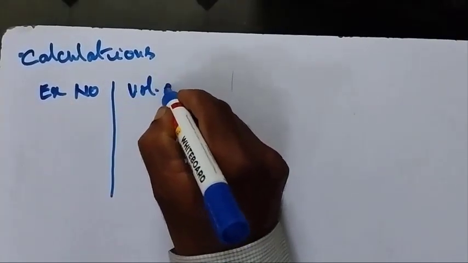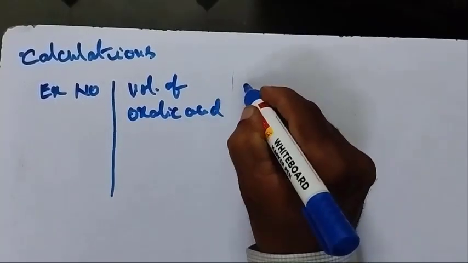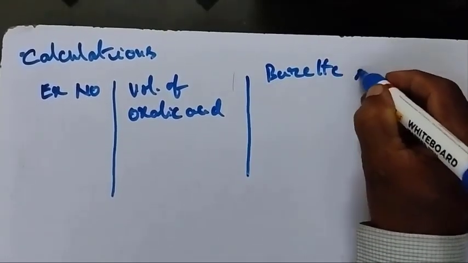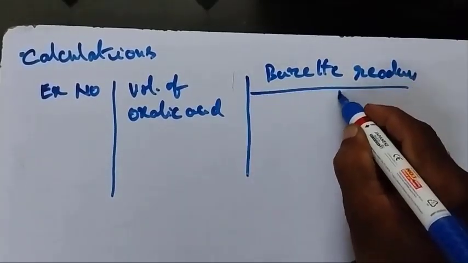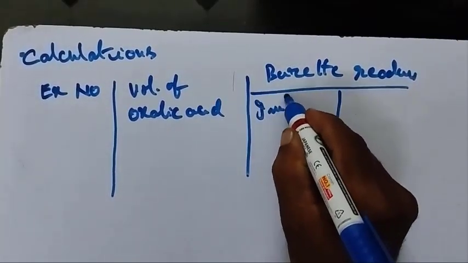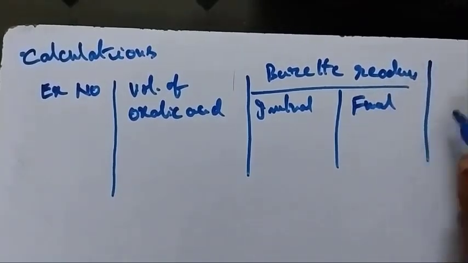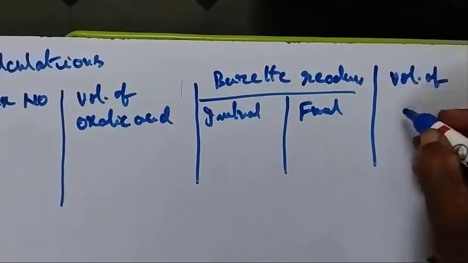Now let us write the table first. Table: experiment number, volume of oxalic acid, burette reading. In burette reading we have two, initial value and final value, and volume of potassium permanganate.